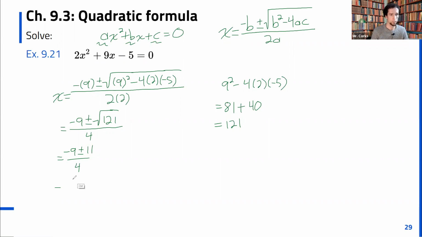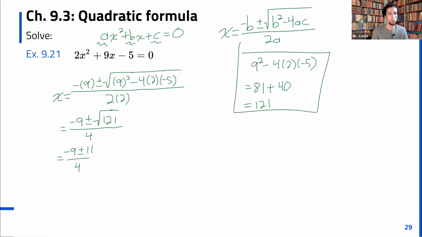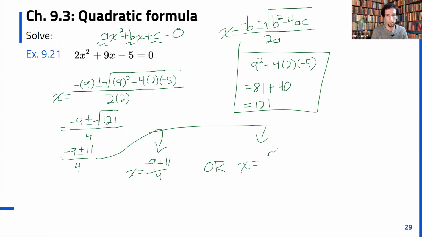And that means we have, I'm going to run out of space here. Let's move this up. So x is equal to negative 9 plus 11 over 4, or x equals negative 9 minus 11 over 4.